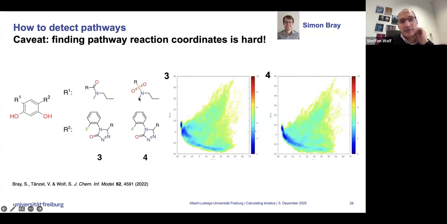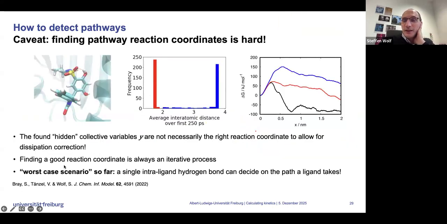In one case, we have a sulfonamide, here this is compound number 4, whereas in compound 3, we have a bridge with a peptide bond. And even though the respective distributions of unbinding paths statically look very similar, we can only resolve the pathways for one of those two compounds, not for the other one.